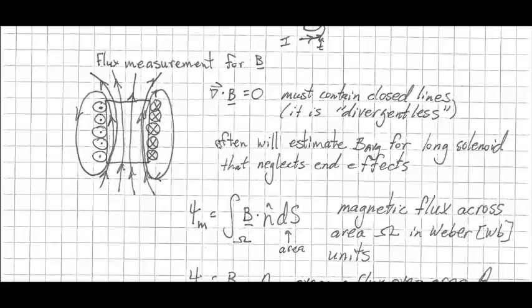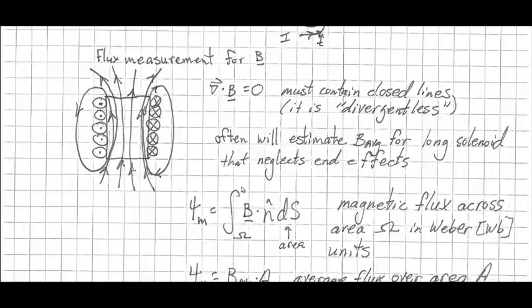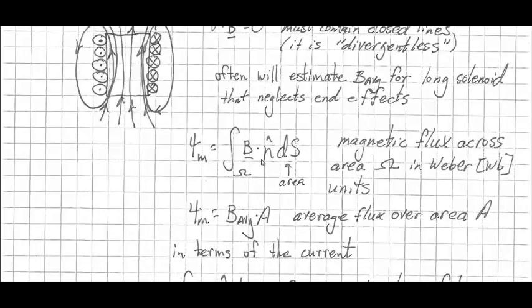There are many cases where we can estimate an average B field if you have a long solenoid, and you can neglect these end effects. And when we can make that approximation, we can take the B field, dot it with the normal over this area, for example, in here, and we get a flux across this area in units of Weber.